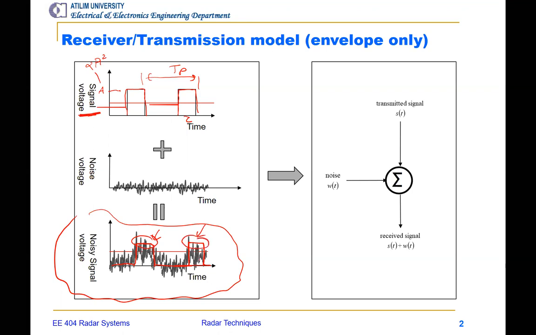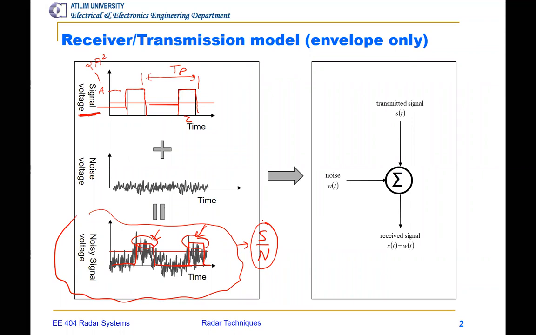Then we have to consider the signal power as well as noise power. So we come to the ratio SNR, signal power to noise power ratio. So we'd like to detect this signal at the lowest possible signal to noise ratio.